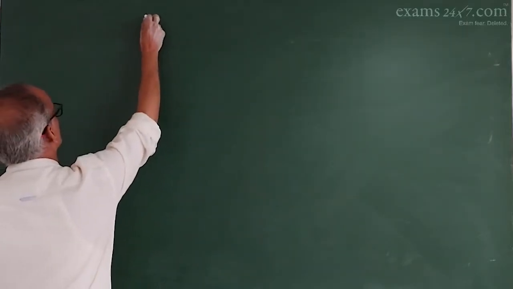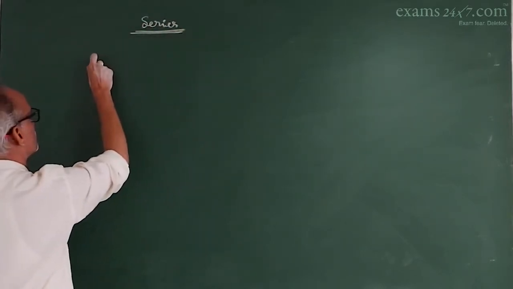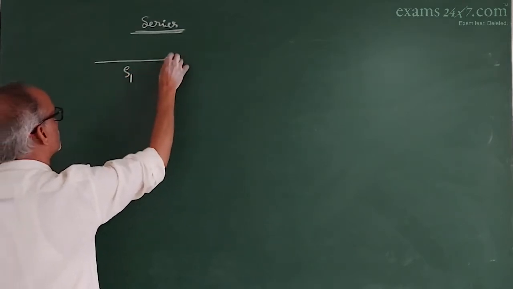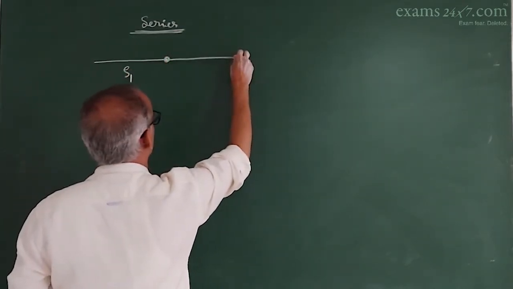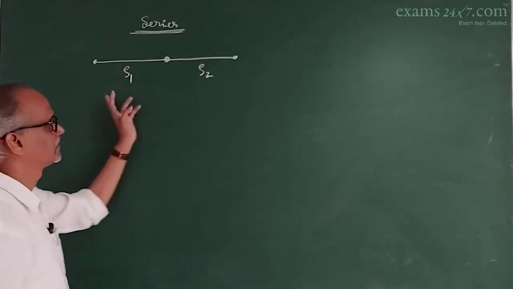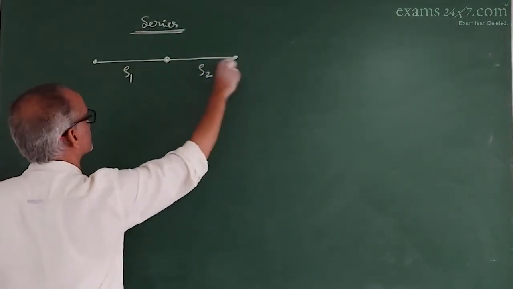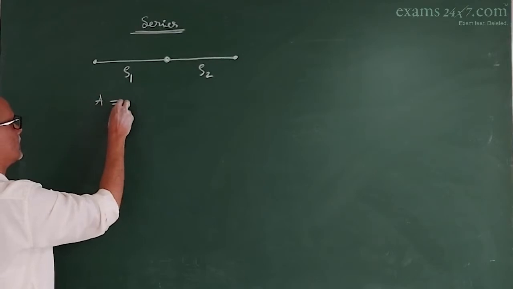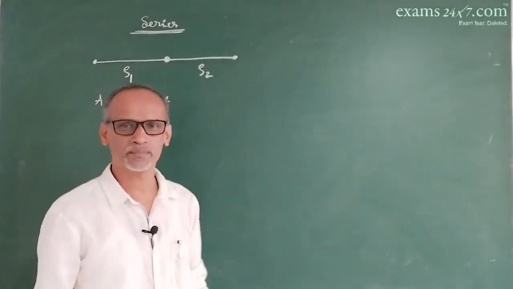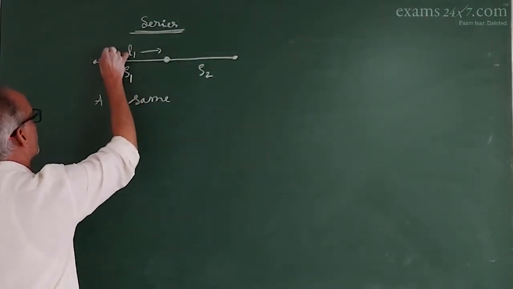Now if I take two wires having different resistivity, rho 1 and rho 2, connected in series, in a series combination the area of cross section has to be the same. So the two wires have the same area of cross section, but different lengths L1 and L2.